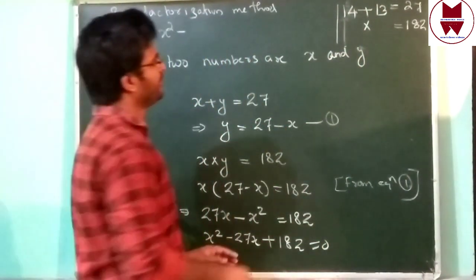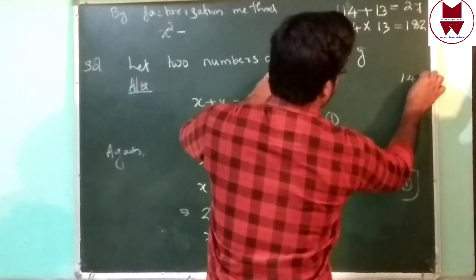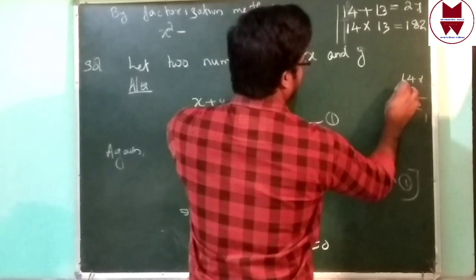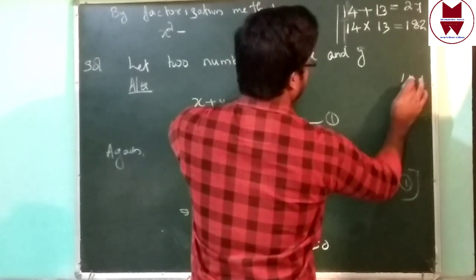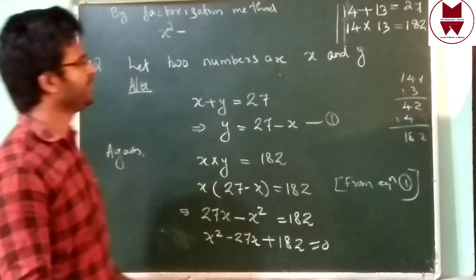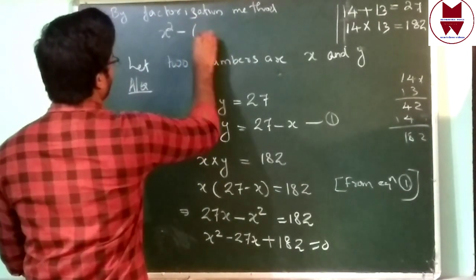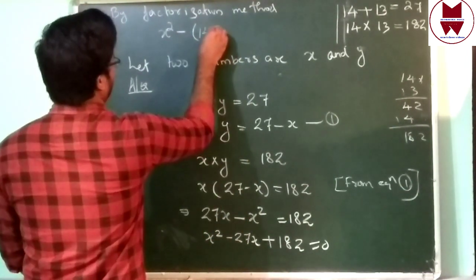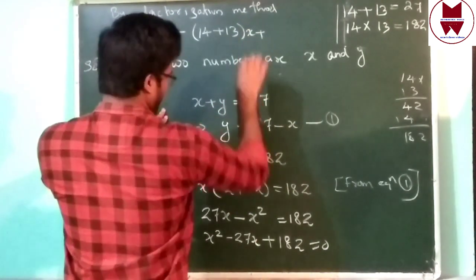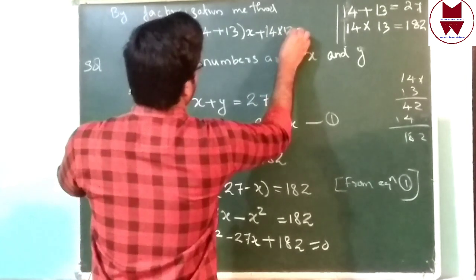Then multiply 14 into 13. 14 into 13, 182, isn't it? That means our required numbers are 14 and 13. There's 27, we can write 14 plus 13, x plus 182, we can write 14 into 13 equal to 0.